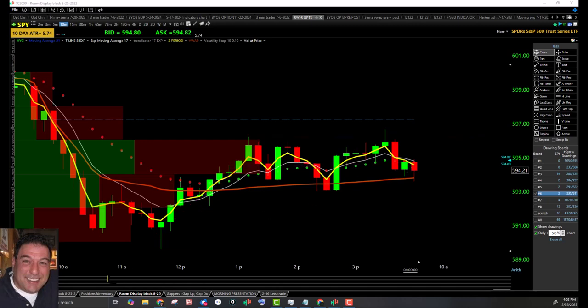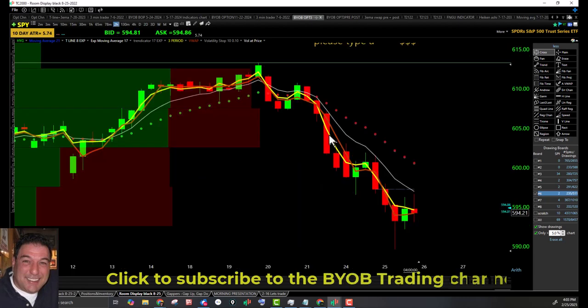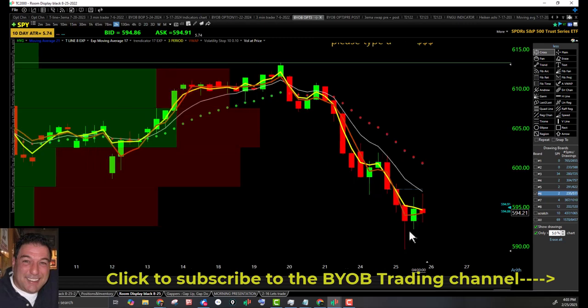Okay, let's take a look at the 2-hour chart. On the 2-hour chart, still got a wide open downtrend right here. So there's a possibility this is not the bottom. It kind of felt like the bottom today with that counter trend trade, but there's that possibility that it's not.